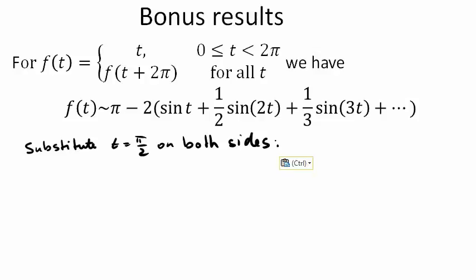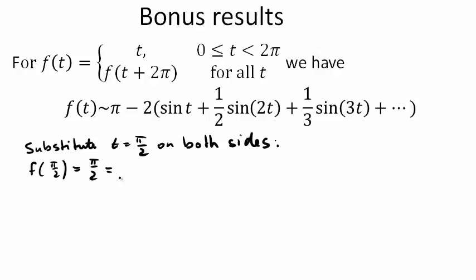If we substitute t equals pi on 2 on both sides, we will get f of pi on 2, which, given that f is equal to t between 0 and 2 pi, is simply pi on 2. That is equal to pi on 2 substituted into the Fourier series for t.